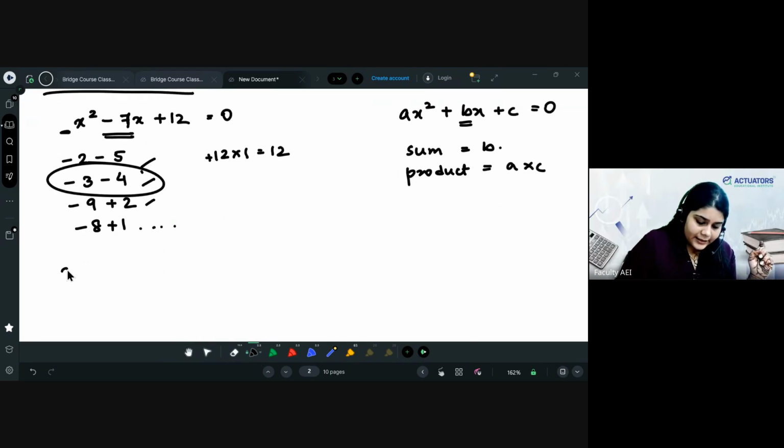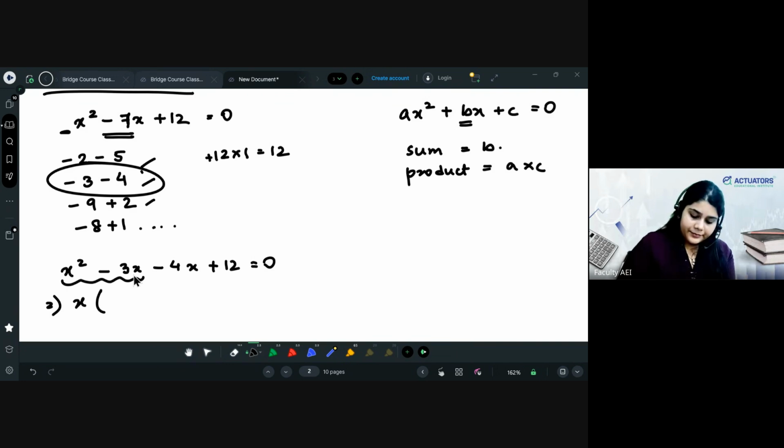So let's break this up. x square minus 3x minus 4x plus 12 is equal to 0. Now we'll start factorizing. In this we can take x common. What will it be? x minus 3. In this we can take -4 common.